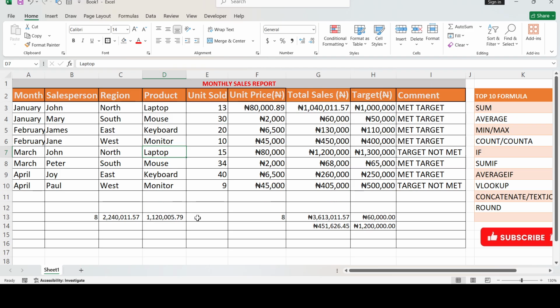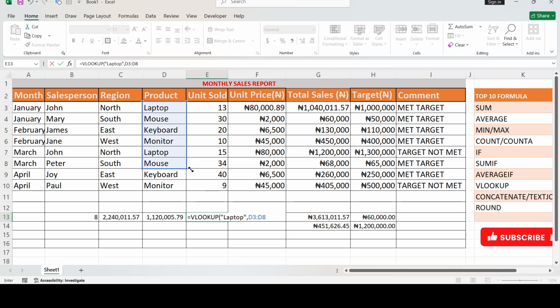Then now, let's say equal to VLOOKUP, open bracket, laptop, comma, D, we want to look up from this down to this side, comma, 3, comma, we select first, you close the bracket, you click enter.